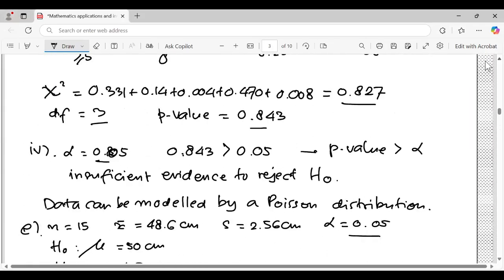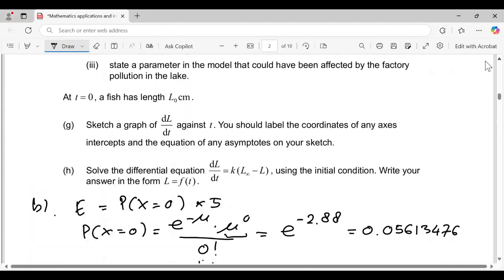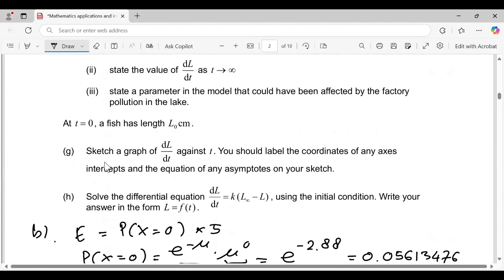Next question. G. Sketch a graph of dL/dt against t. You should label the coordinates of any axis intercepts and the equations of any asymptotes on your sketch.